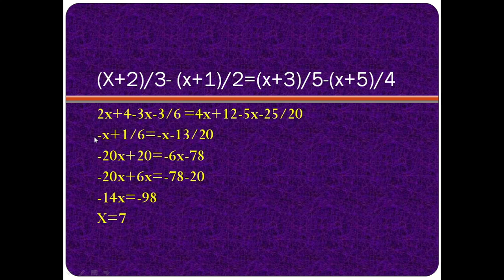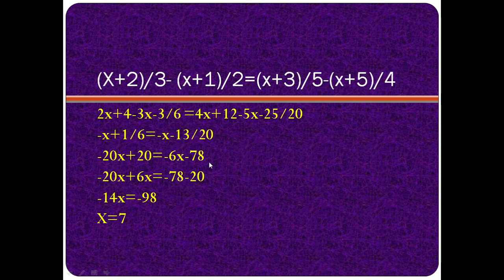So 2x minus 3x, minus x, plus 4 minus 3, plus 1, divided by 6, is equal to 4x minus 5x, minus x, 12 minus 25, minus 13, divided by 20.